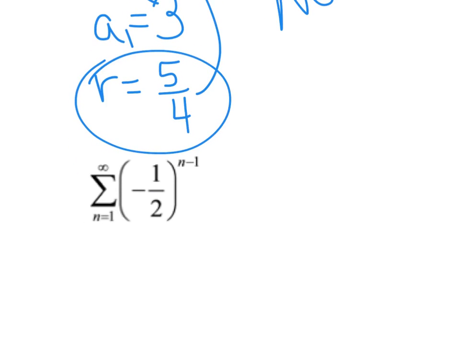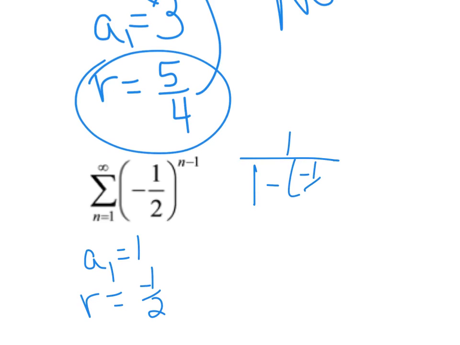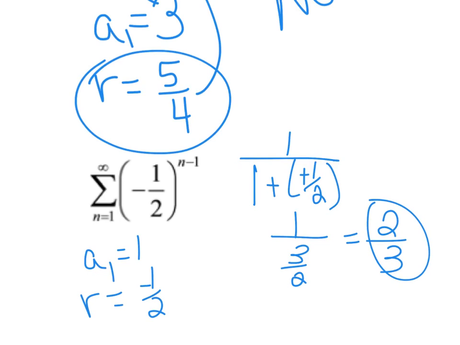On this next one, there isn't any numerator out in the front, which means our a sub 1 equals 1. Our ratio is -1/2. So we'd have 1 over 1 minus -1/2, which is the same as adding a half, so we'd have 1 over 3/2, which equals 2/3. So our sum is going to equal 2/3.